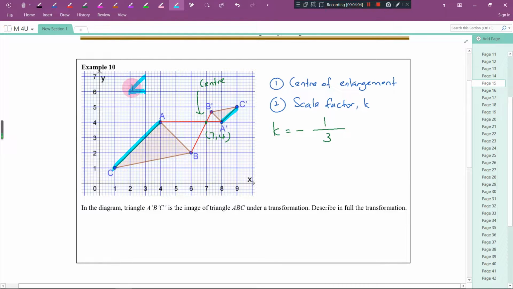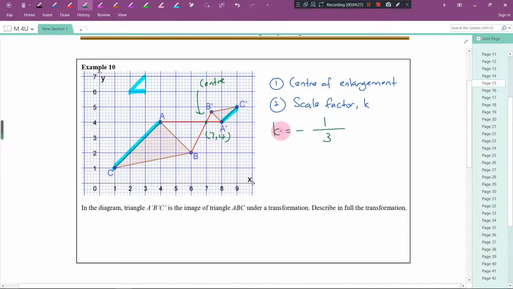This is actually not 1 unit, but you can just assume that this is 1 unit. 1 compared with 3, you will still get 1/3. Okay, so these are a few ways that we can use to help us to get the scale factor of an enlargement. Okay, now we have gotten the center of enlargement and also the scale factor.